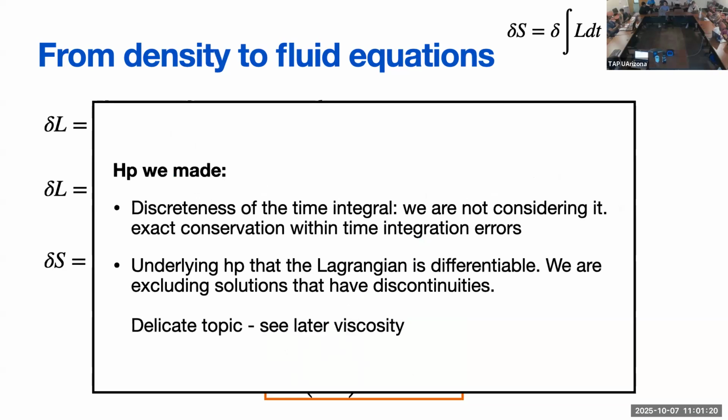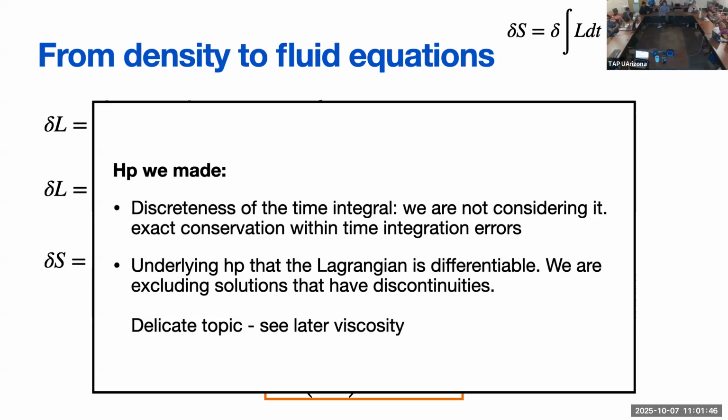These are the equations of motion. And as I told you, these are the hypotheses. The Lagrangian is differentiable, and here we are not considering the fact that the time integral is discrete. Of course, time is also a discrete variable, because we can't follow the time continuously.